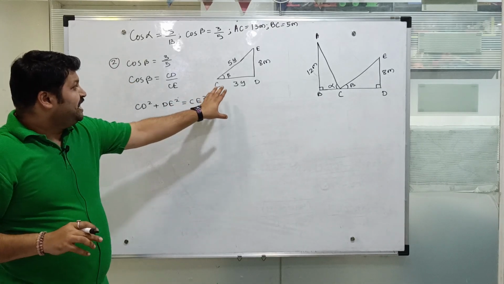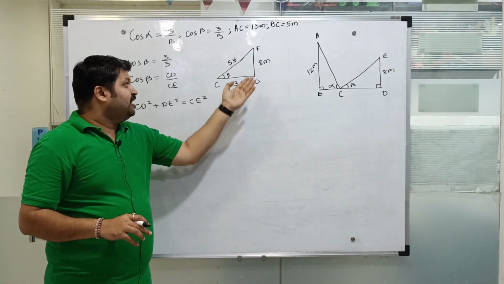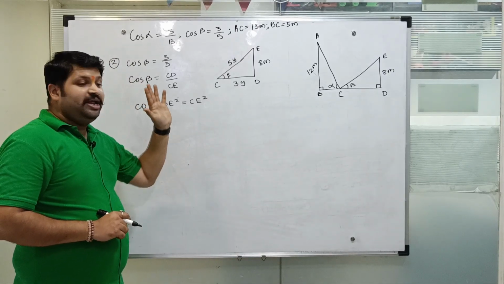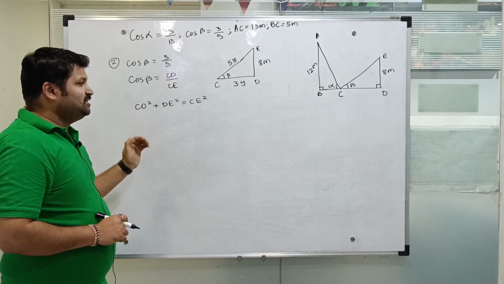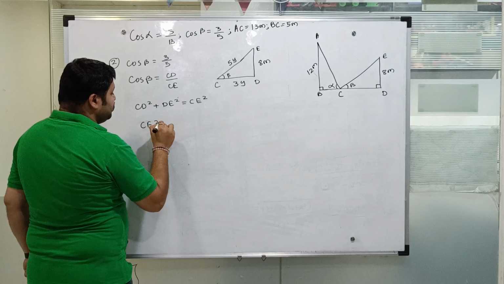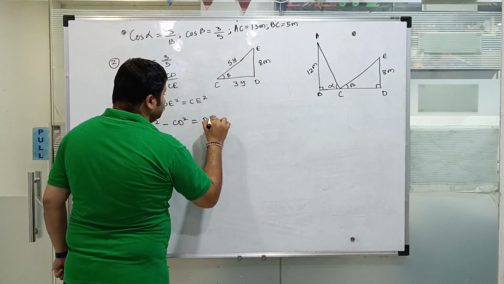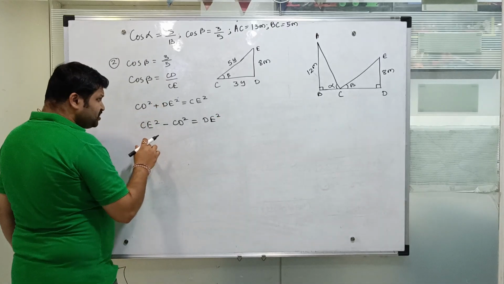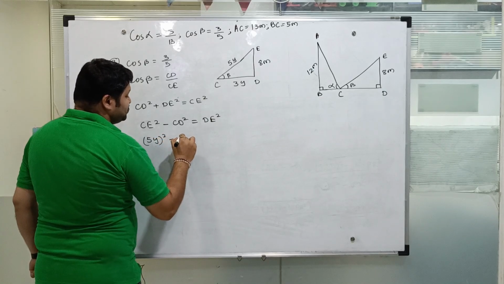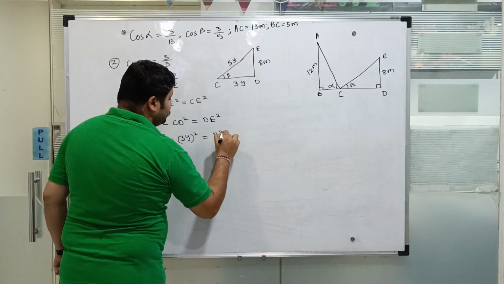However, CD and CE have a variable y in them and ED is a number. So I would try to keep ED on one side and CE and CD on the other, giving me CE square minus CD square is equal to DE square. CE square is 5y square minus 3y square is equal to 8 square.